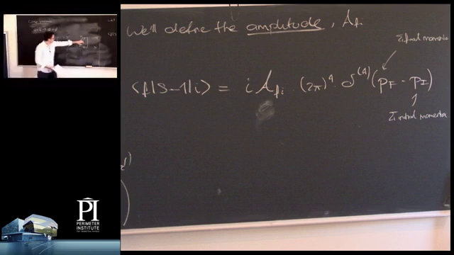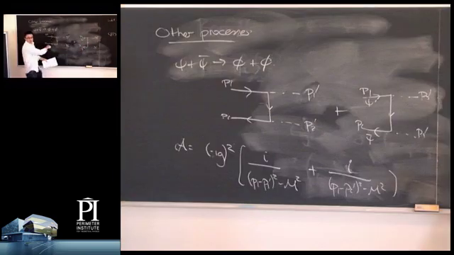Two diagrams. These are the mesons, these are the nucleons. This is the nucleon, this is the anti-nucleon, which you can tell because the arrows are going the opposite way. So this is psi, this is psi bar in both of these. Okay, so what's the amplitude for this?